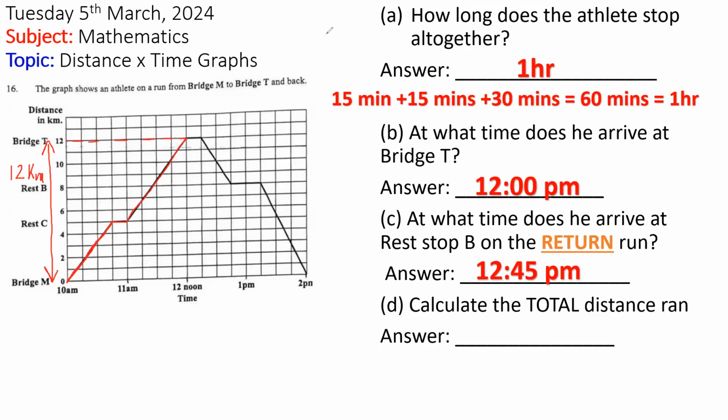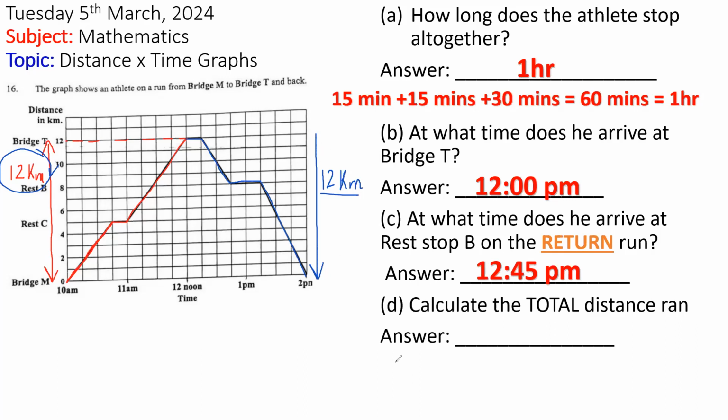So he ran 12 kilometers forward, that's going up, from bridge M to bridge T. But then he had to go back to bridge M, didn't he? So you have to go all the way down. If we go from here downwards, that's another 12 kilometers. So we have 12 kilometers upwards and 12 kilometers downwards.